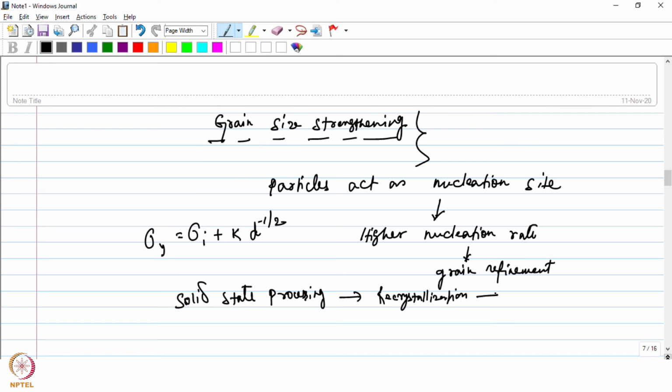And particles above a given critical size can actually stimulate the nucleation of the strain-free grains during the recrystallization process. So that particle stimulated nucleation, or PSN in short, can give rise to a finer grain size.